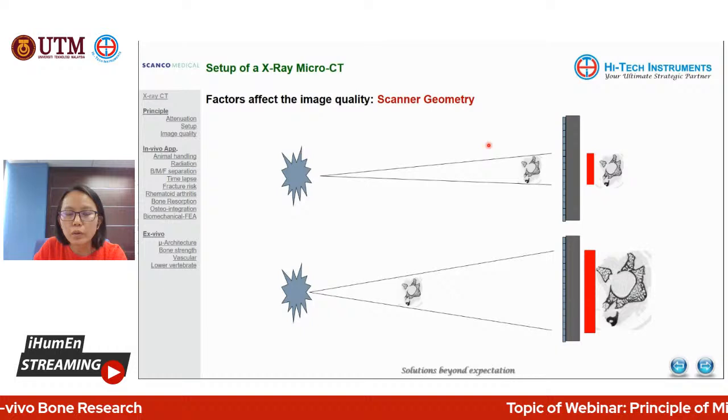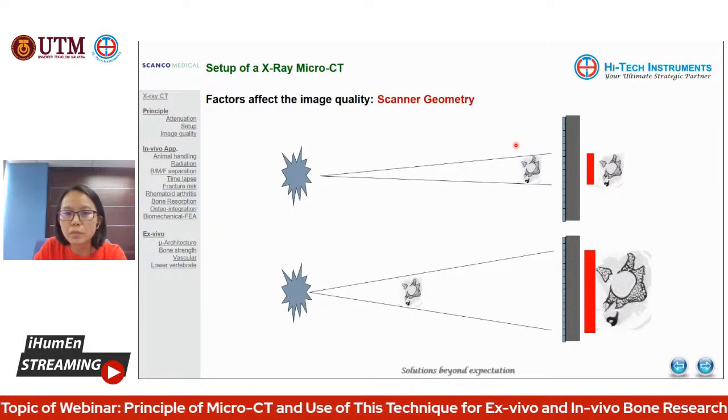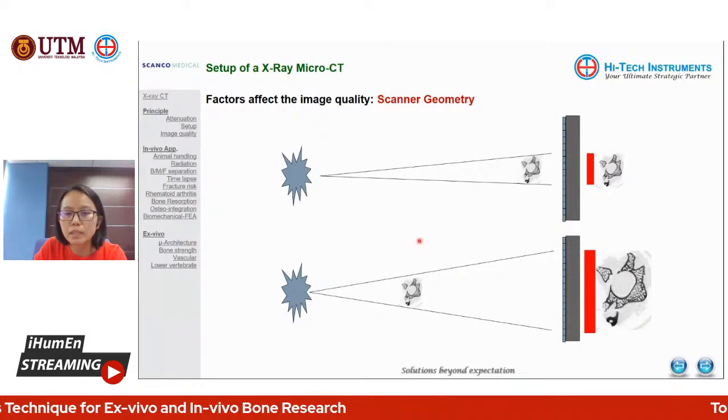Here you can see there is no magnification, it's a 1-to-1 ratio, whereas for this sample, you can get about 3 to 4 times magnification.